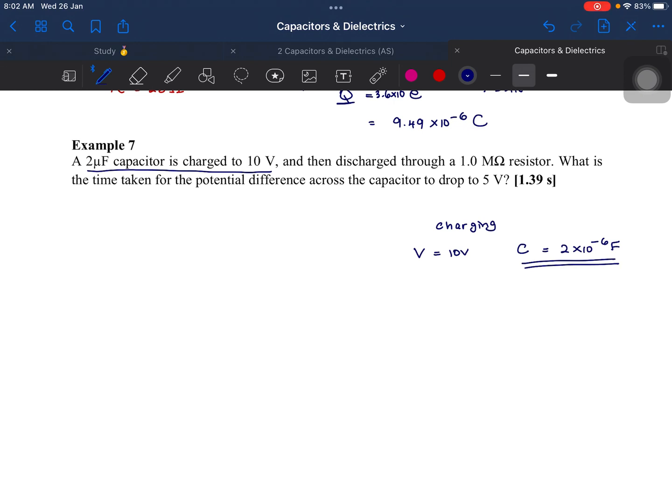Okay, lepas tu dia pun discharge. Okay, so ada bagi information, ada resistor sebanyak 1 darab 10 kuasa 6 ohm. Okay, so what is the time taken for the potential difference across the capacitor to drop to 5 volt. Okay, so maksudnya waktu ni V sama dengan 5 volts lah. Okay, right, so sekarang dia minta masa kat sini.